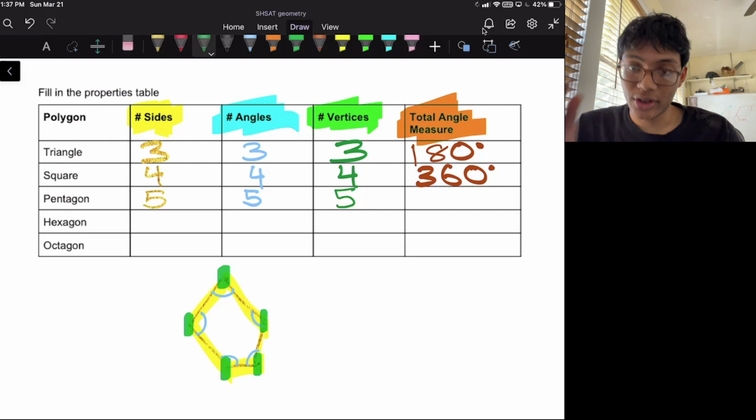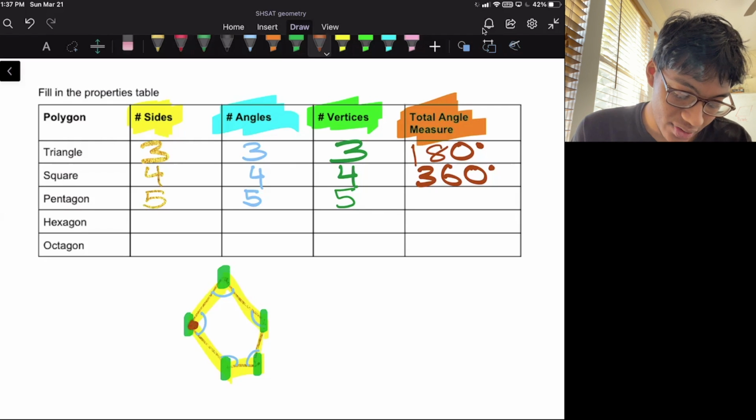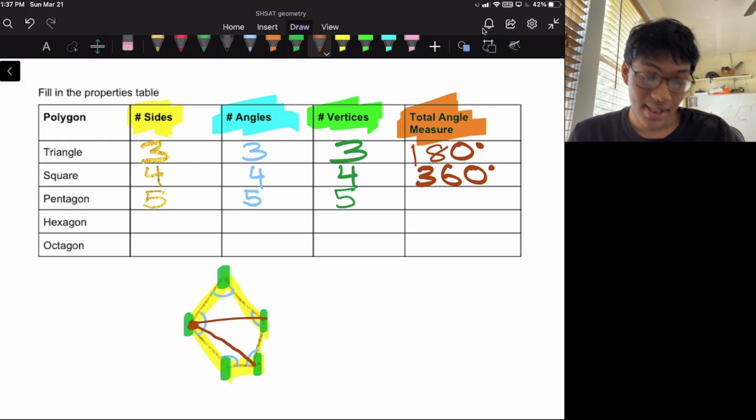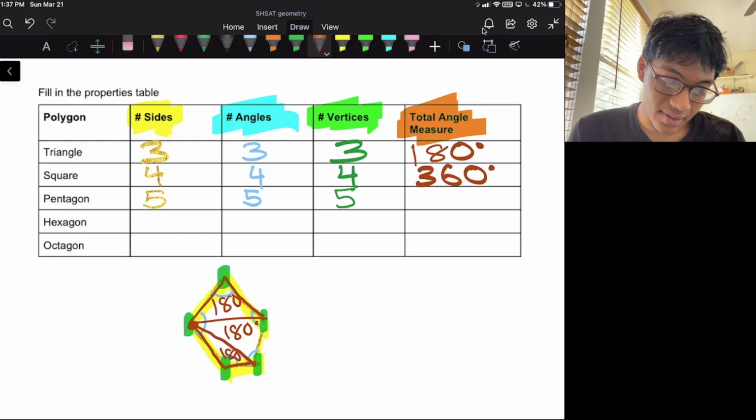What's the total angle measure of this Pentagon? Well, let's slice it up, right? So let's take any vertex and chop this Pentagon up into some triangles. So how many triangles are here? Well, here's one triangle, that has 180 degrees. Here's another triangle, that has 180. And here's my last triangle, that also has 180, right? So do you see that?